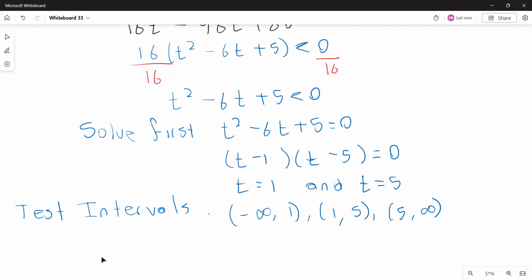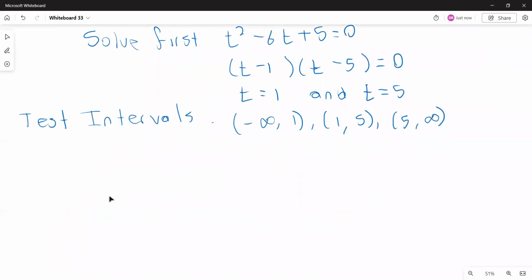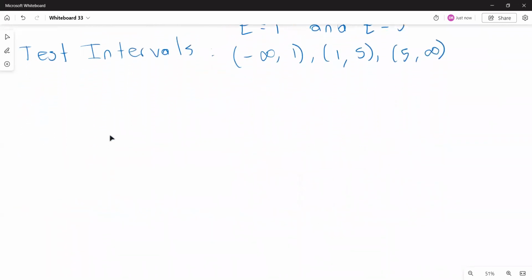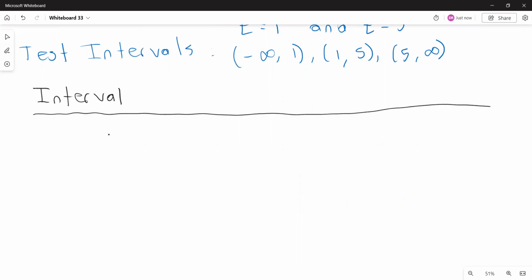We're going to make a table to determine the solution interval or intervals. So we have the interval and a test value inside that interval.